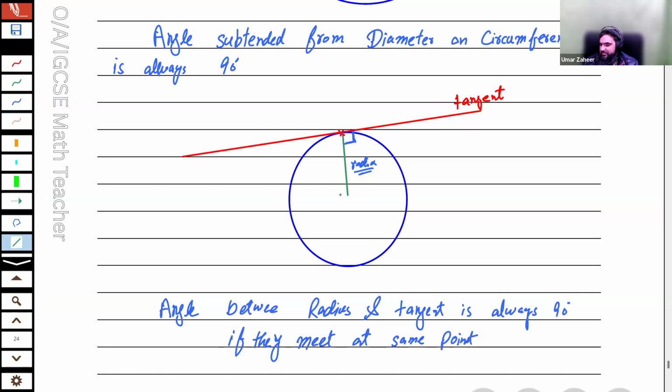Same point, obviously. For example, if the radius is given elsewhere, obviously there is no relation between this tangent and this radius. So they must meet at the same point. So the angle between the tangent and the radius will always be 90 degrees.